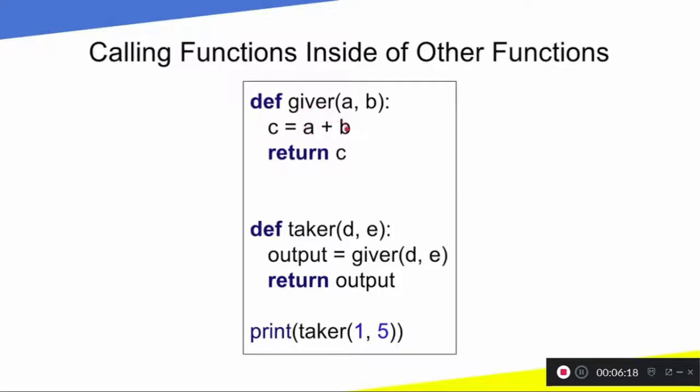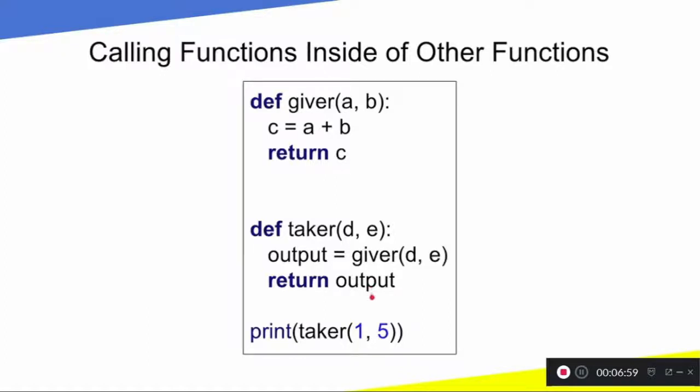We have defined giver as a comma b, where a plus b is equal to c, and we return c. The taker is defined with d comma e, and output is equal to giver of d, e. The giver is the one from which we will take our function, and the taker is the one in which we will be using it.